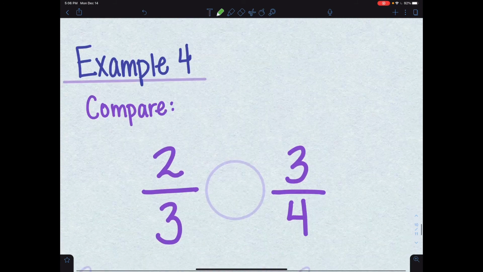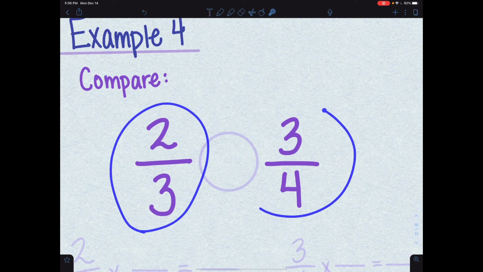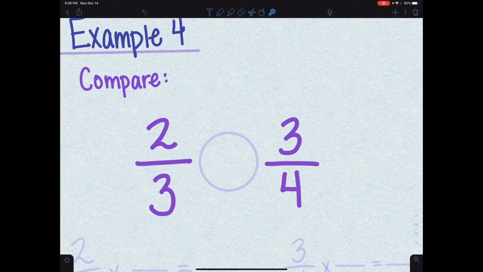Okay, let's do example 4. For example 4, we're going to compare these two fractions. We've got a 2/3 here and we've got a 3/4 here. So again, they have different denominators, and in this situation, it looks like we're going to have to rename both fractions because one is not a multiple of the other.